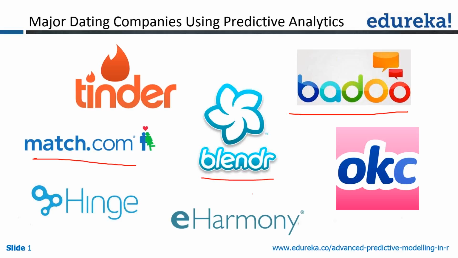Match.com uses another website called chemistry.com, which conducts surveys to help identify people's preferences and things like that. And then you have OKC, OkCupid I believe is the complete name, and you have Hinge, eHarmony, and all that, right? Hinge is also an application. eHarmony is a Los Angeles-based company which was set up in 2000. It's in 150-plus countries.